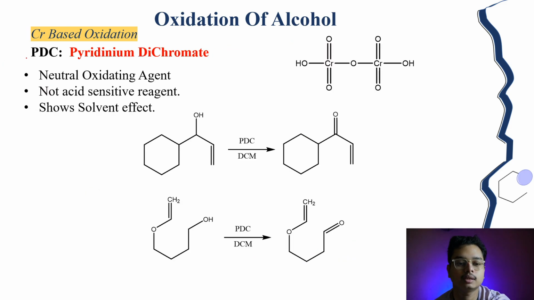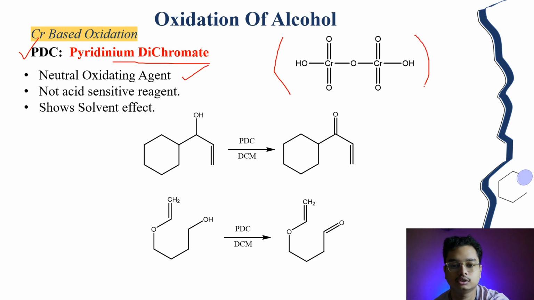Next, we are talking about PDC. PDC is pyridinium dichromate. It is a neutral oxidizing agent, and this is the structure of pyridinium dichromate. Here, this is the main reacting partner, and the pyridine acts as a counter cation, because these O are prone to be O negative.